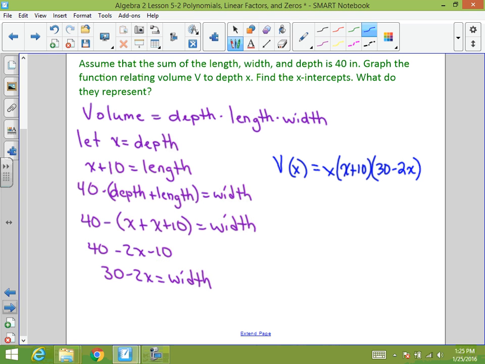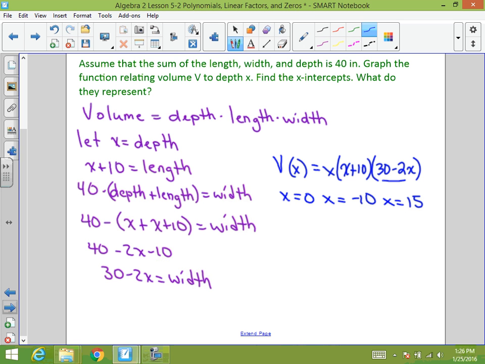I need to figure out where my intercepts are, and I already know where they are. I should have x-intercepts at x equals 0, x equals negative 10, and when you solve this equation here, you get x equals 15. Now, realistically speaking, since x is my depth, I can't have a piece of luggage that has no depth at all.